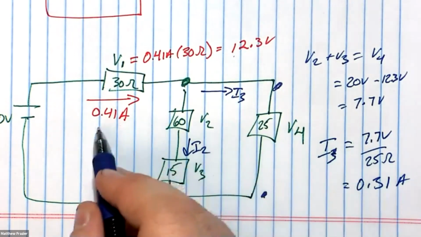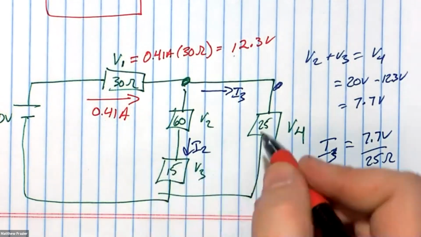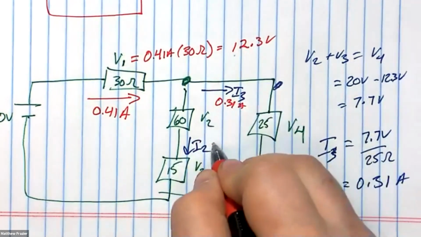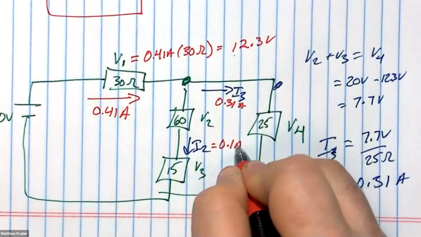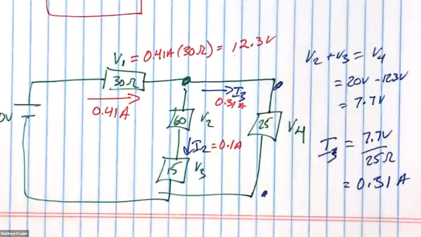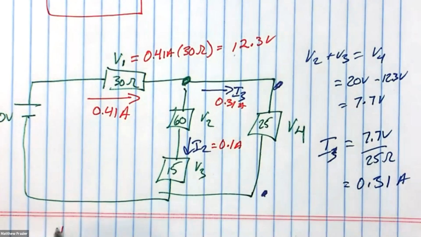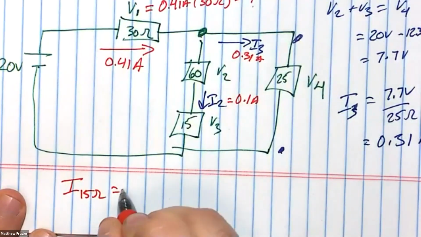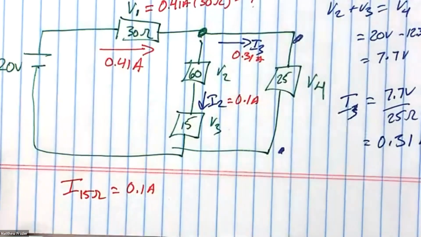So that means I have 0.31 amps that way and 0.1 amps going through the series resistors, which means the current in the 15 ohm resistor is 0.1 amps, because that's the current that has to go through there.